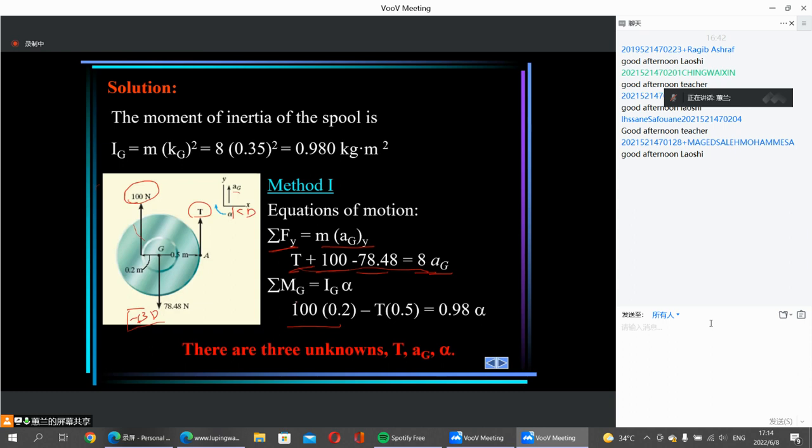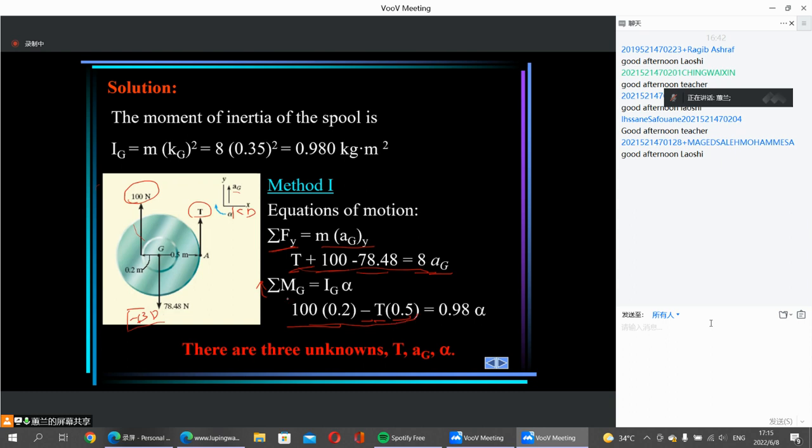Here we define clockwise as positive, which is fine as long as you are consistent with the definition of the sense. The tension force also produces a moment about G, and it's counterclockwise, so we have the minus here, T times the moment arm.